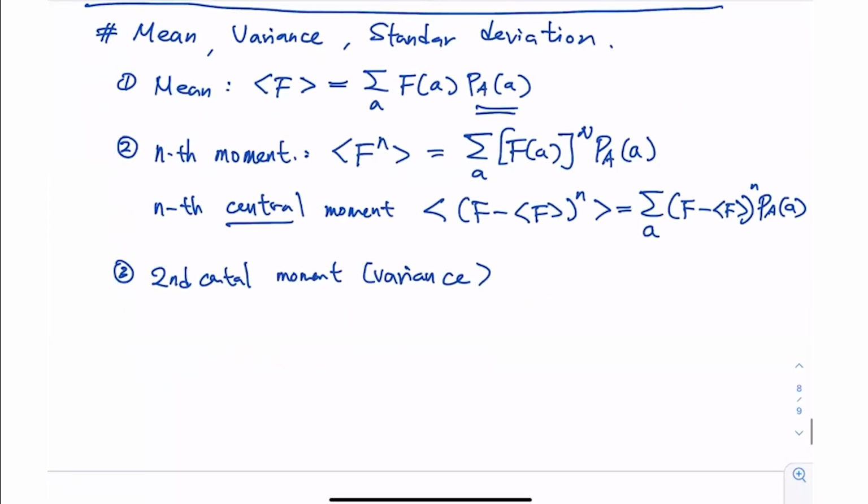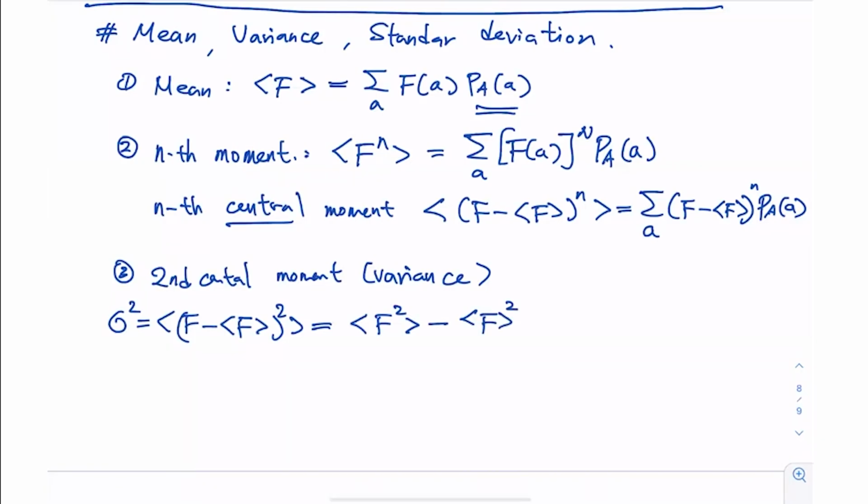It's basically the square of this thing, and you can simply expand it, and you'll find it is equivalent to the second moment minus the square of your mean. Here sigma is also called the standard deviation.